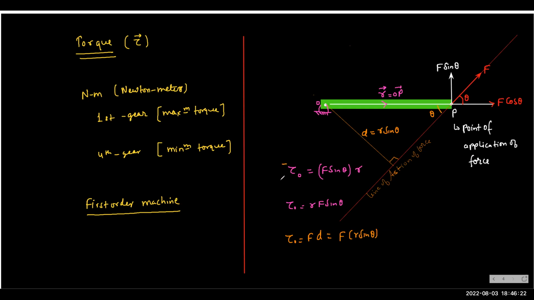So these are two perspectives of thinking: that you multiply the component of force which is creating the effect about O. If we have observed so far, you will see there is a pattern. And the pattern is either you resolve the vector normal to R and parallel to R and multiply the normal component with R, or you resolve R normal to the other vector and parallel to the other vector and then multiply the normal component.